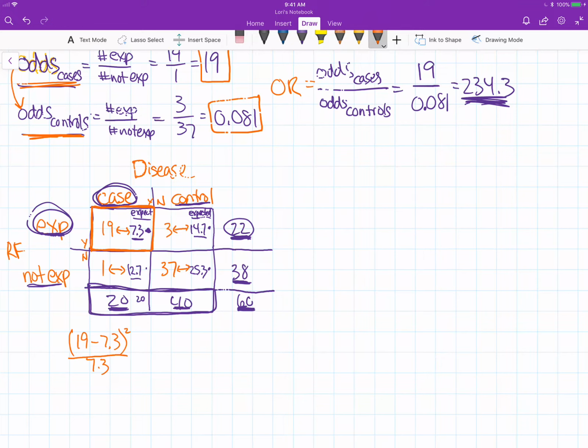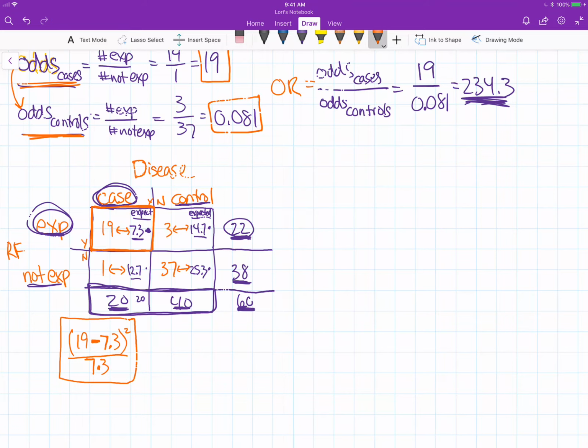This equation tells us how different our data is from what we would have expected. We look at the difference between what we observed and what we expected, and then standardize it by dividing by the expected.